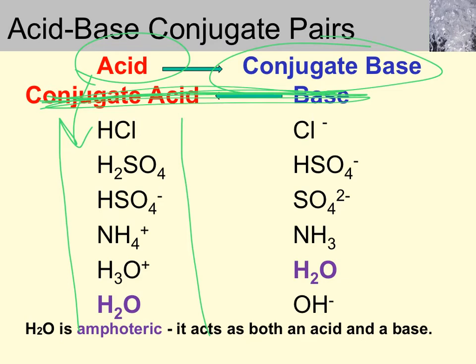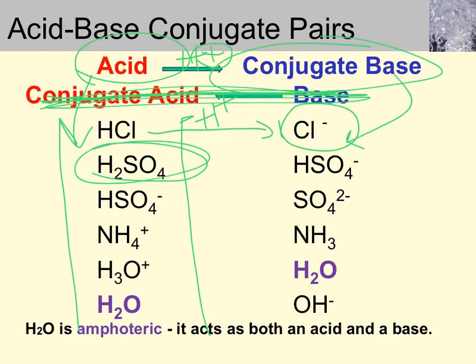Well, the main thing is to remember what an acid does. An acid donates a hydrogen ion. That's how you make the conjugate base. So if you have HCl and you give away a hydrogen ion, what are you left with? Okay, and so chloride is your conjugate base.